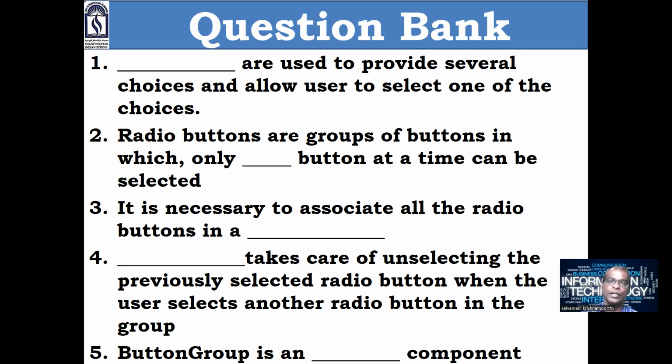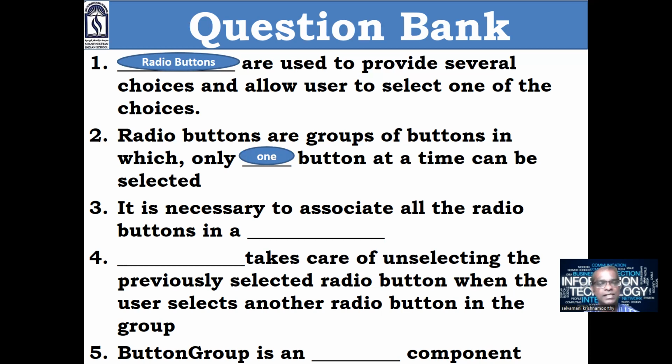Good. The answer is radio buttons. Radio buttons are a group of buttons, more than one, in which only dash button at a time can be selected. Yeah, you are right. Only one button. Male means female will be deselected. Female means male will be deselected. That means only one can be selected at a time.